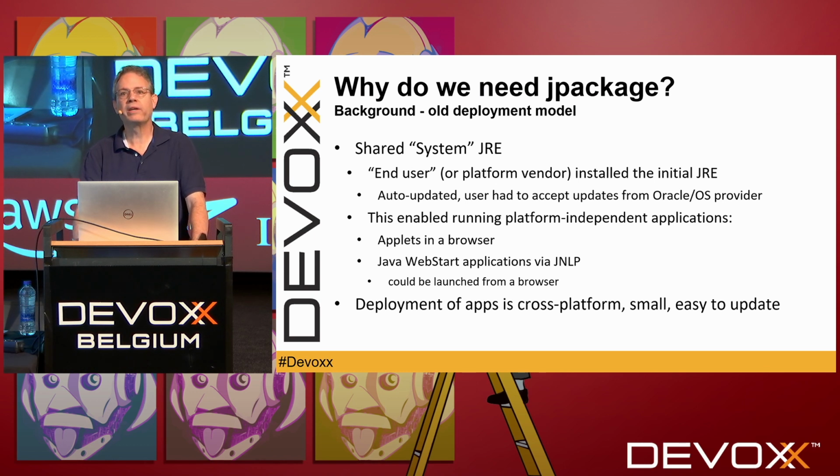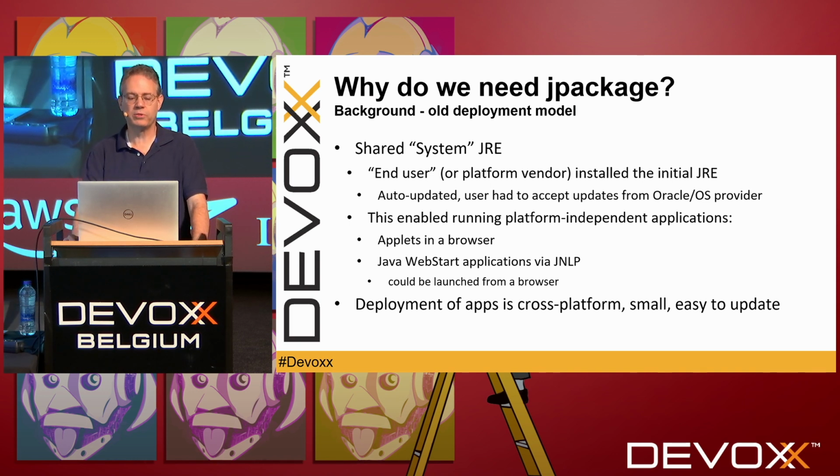And now we'll get into why we need it. So in the old days, which is JDK up to and including JDK 8, we also had it for JDK 9 and 10, but those releases have stopped shipping. And now we have JDK 11, which is different.